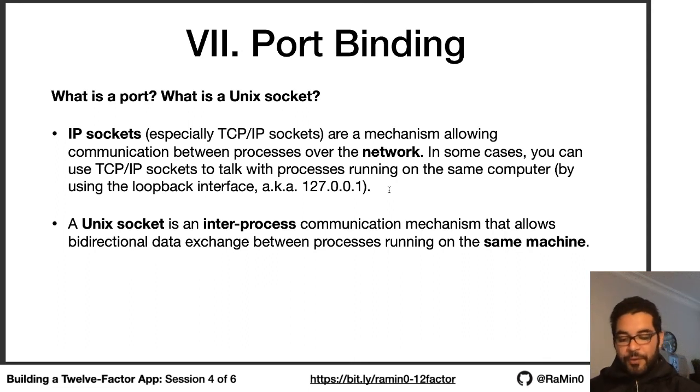So we don't have to figure out what IP to use to connect to services running locally. We just use localhost or 127.0.0.1 and provide whatever port the service is running on. So this is the commonly known way that is used to connect to services over the network.